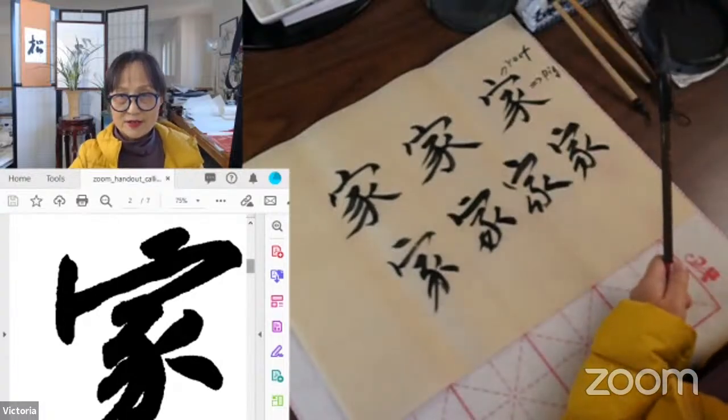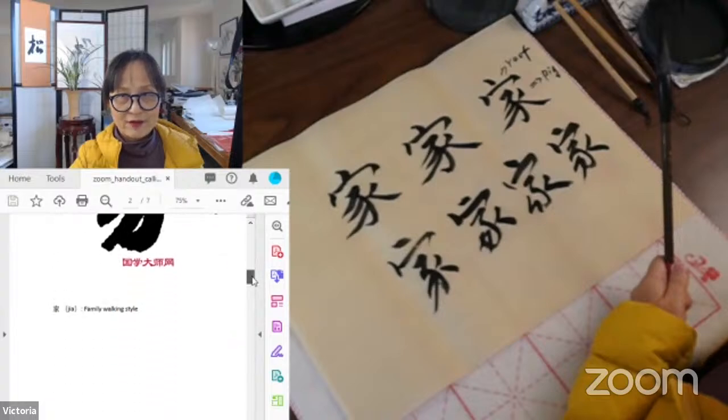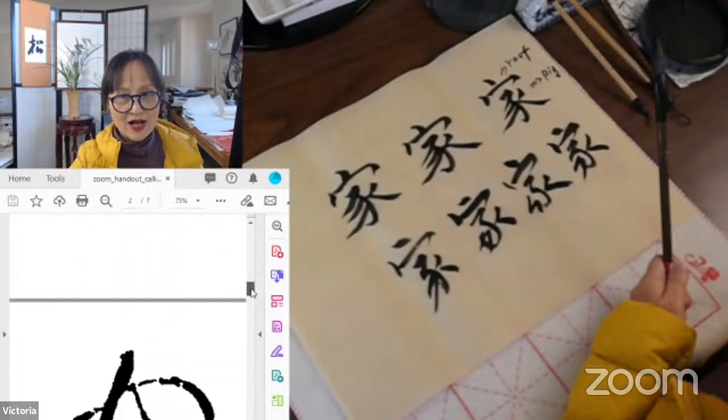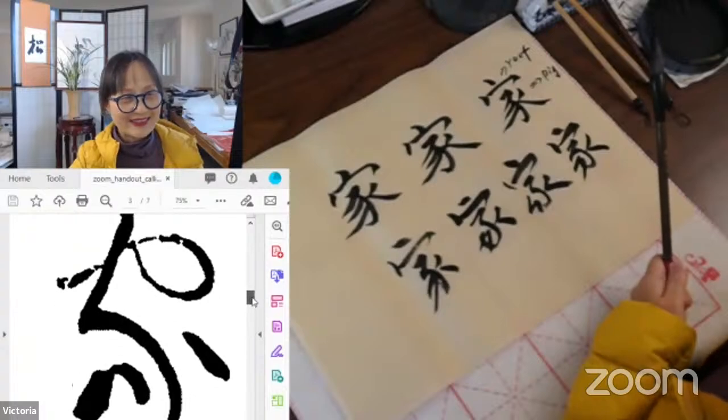Okay, let's look at the grass style, the cursive style of family house. That's really connected. That's running.